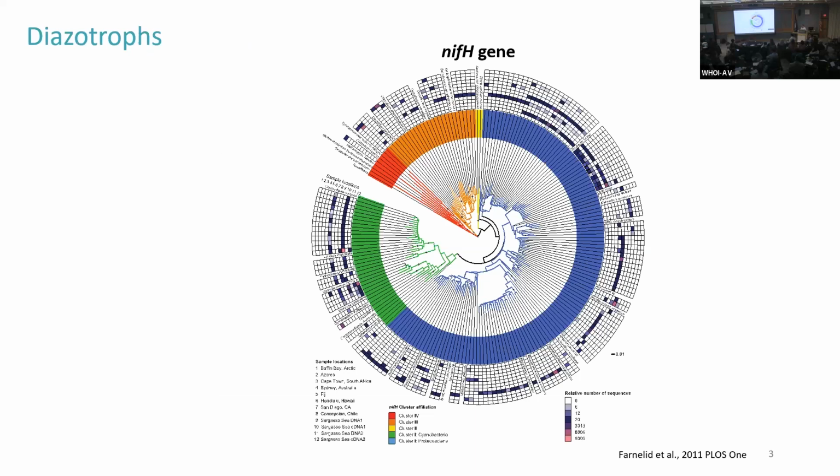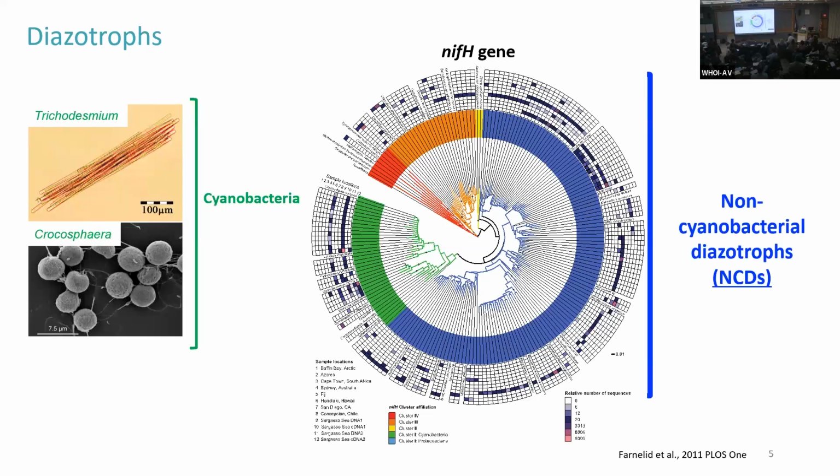When we think about diazotrophs, we usually use this gene marker, the nifH gene. Traditionally, we have based our studies a lot on cyanobacteria, such as the filamentous Trichodesmium or the unicellular Crocosphaera. But the more we sequence this nifH gene, we find what we have eventually come to call non-cyanobacterial diazotrophs, which is a bunch of mostly gammaproteobacteria, in blue here, but also alphas and deltas and some archaea.